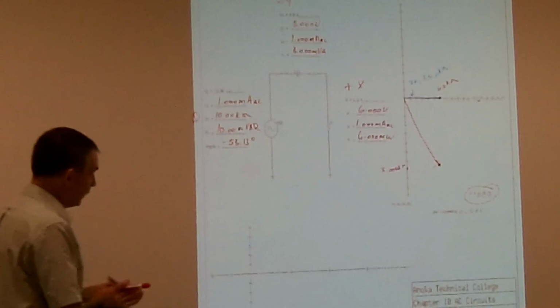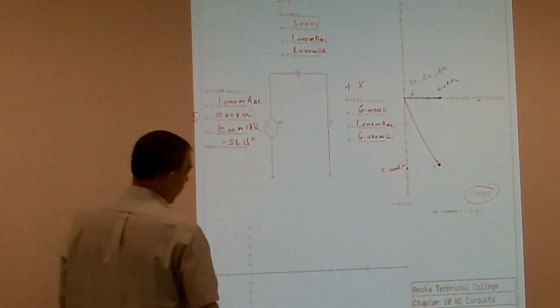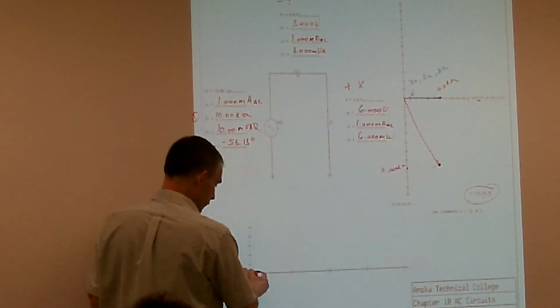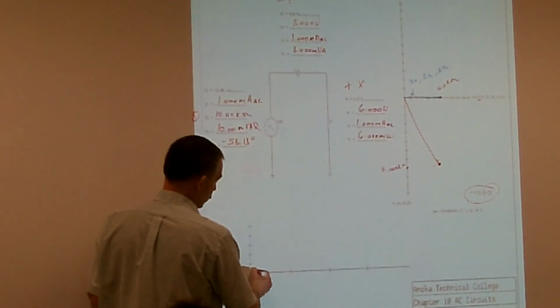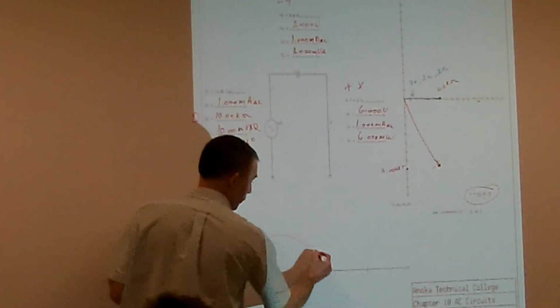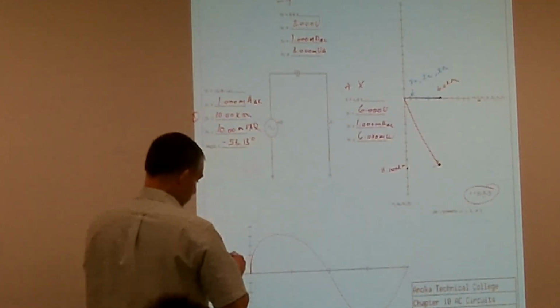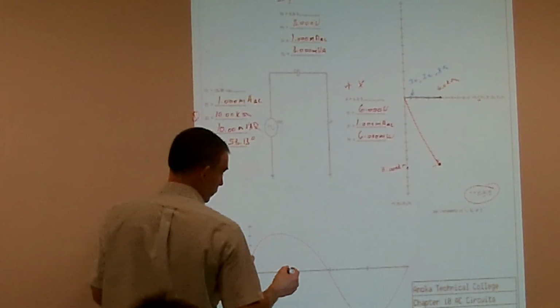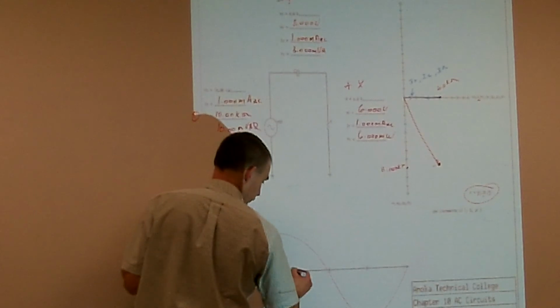All right, so if I do my phases then, what starts out at 0 degrees? VR. So my VR is going to be here. Then where's my voltage across my capacitor going to be? 90 degrees from that. 90 degrees behind it, lagging it.